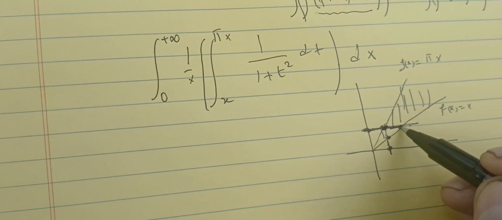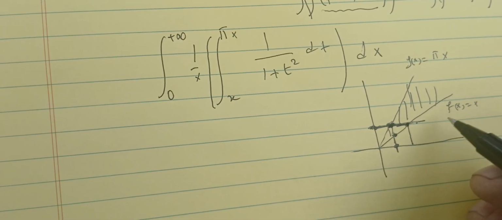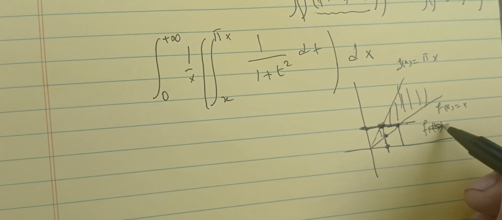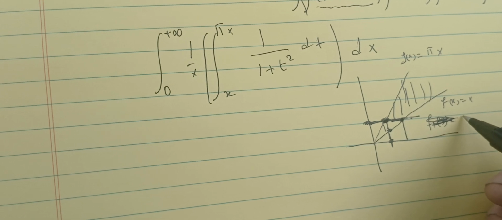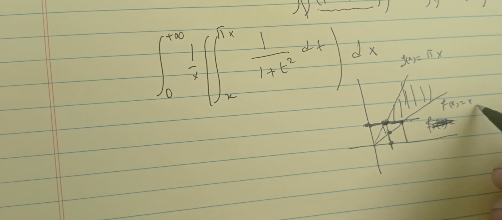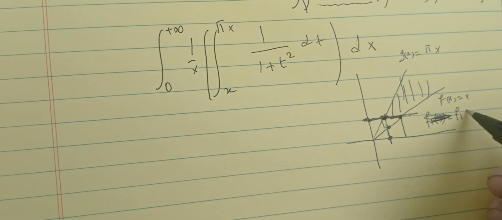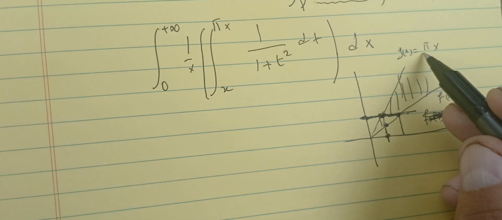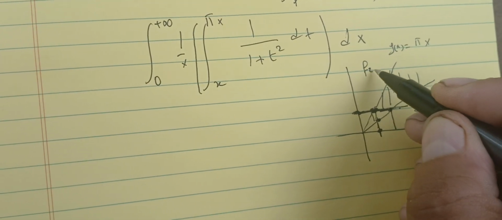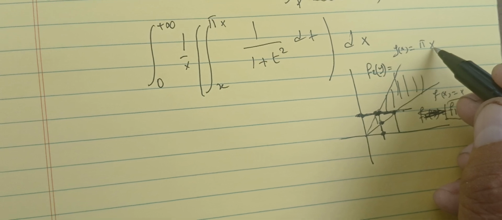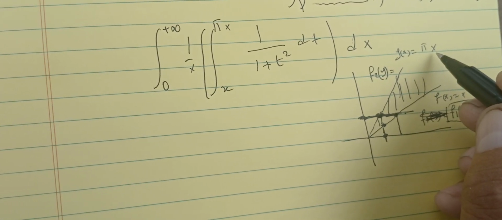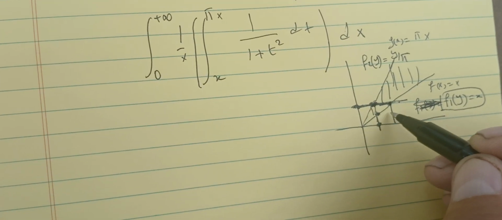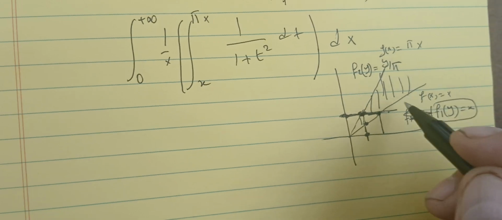So x is going to change between two functions of y: x equals y, and x equals y over pi. And y is going to change between 0 and plus infinity.